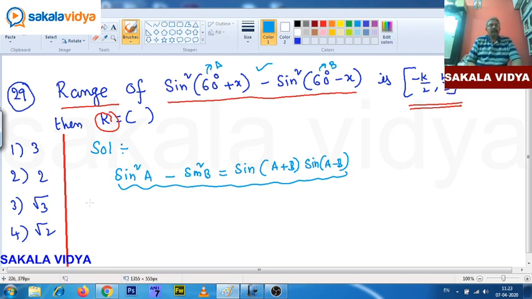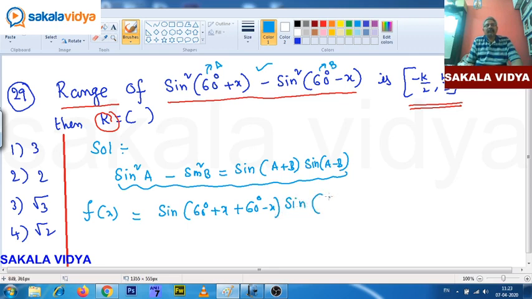So now the function f of x is written as sin of A plus B, where A stands for 60 plus x and B stands for 60 minus x, and next sin of A minus B: 60 plus x minus of 60 minus x, that is 60 minus 60 into minus plus x. This is a very important step. X cancel, 60 cancel.